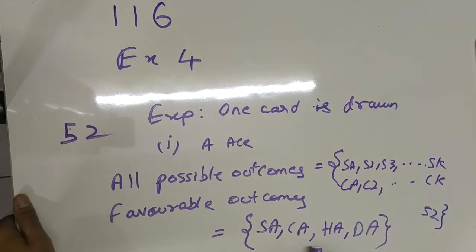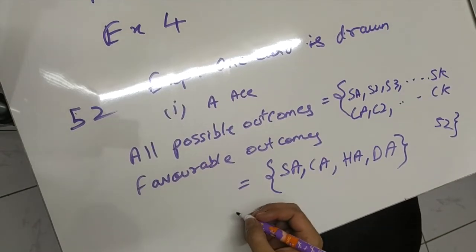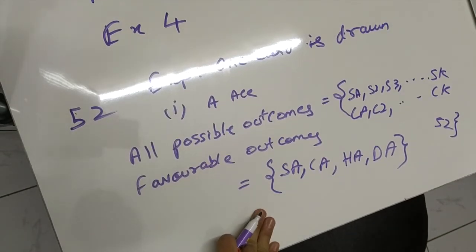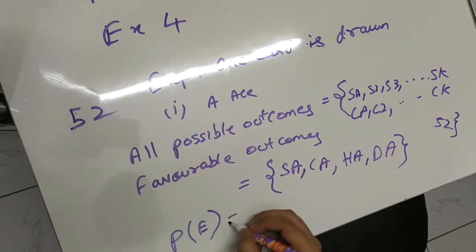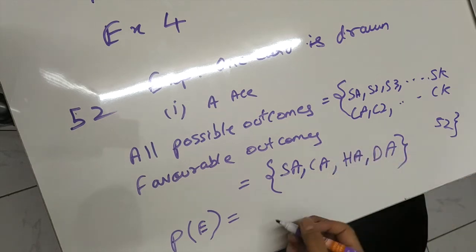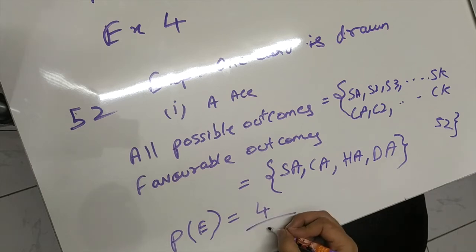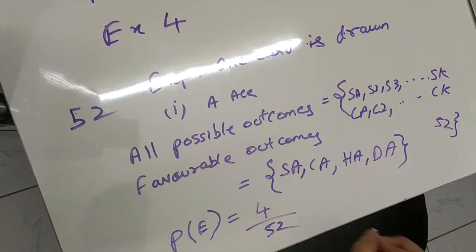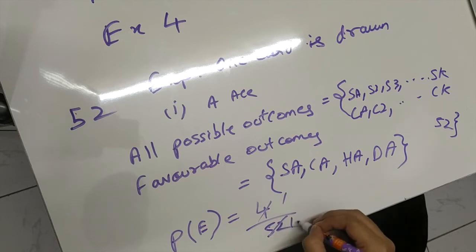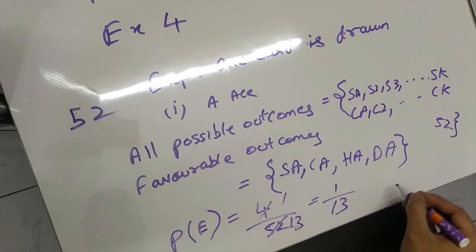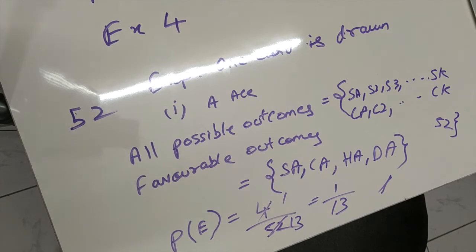So these are the four possibilities. That is favorable outcomes. So what will be the probability of this event? P of E is number of favorable outcomes by number of total outcomes. Favorable is 1, 2, 3, 4. So 4 divided by 52. If we cancel, it will become 1 by 13. That will be the answer. Now this is for the event an ace.